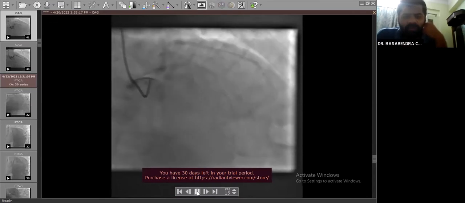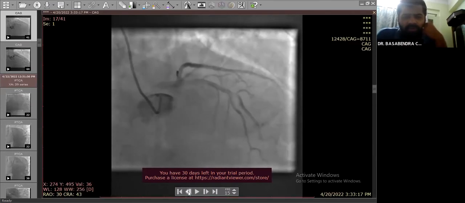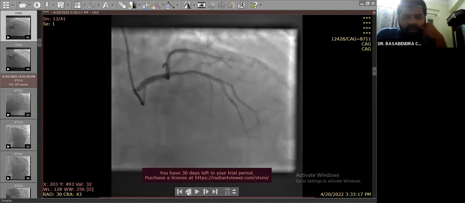So we took another left coronary shot, and we confirmed that there was disease in the LAD proximal to mid part, but it was not tight. Maybe we could address that later on, along with the LCX.